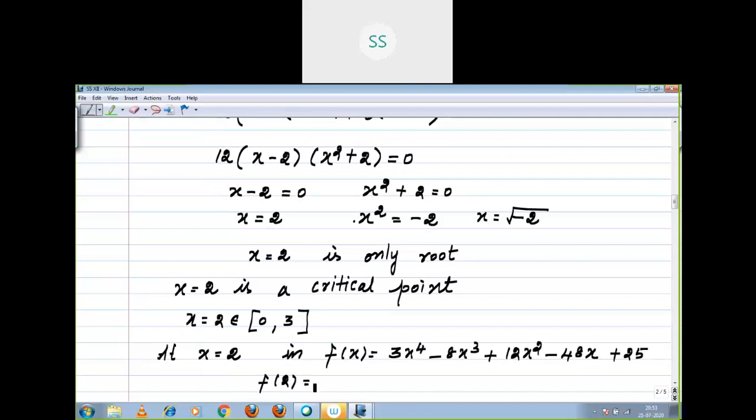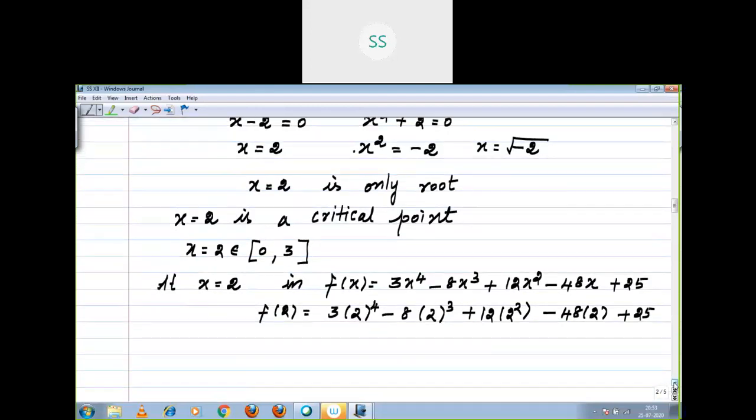Now what is your f of 2? f of 2 equal to 3 into 2 power 4 minus 8 into 2 power 3 plus 12 into 2 square minus 48 into 2 plus 25. Now 3 into 16 minus 8 into 8 plus 12 into 4 minus 96 plus 25.